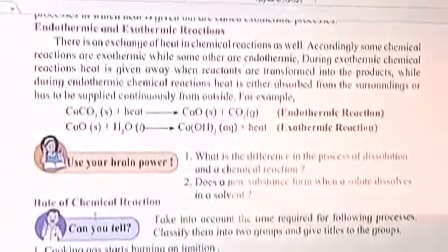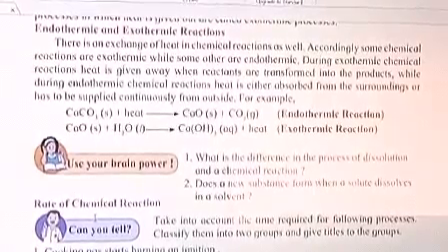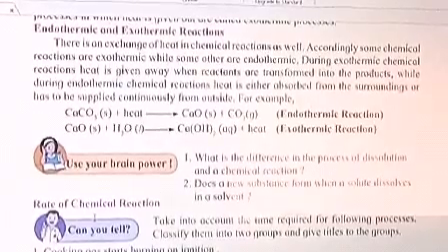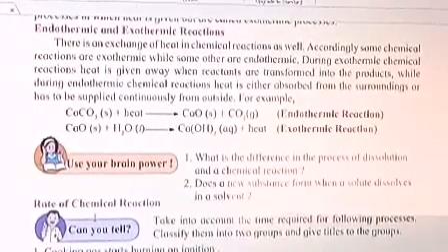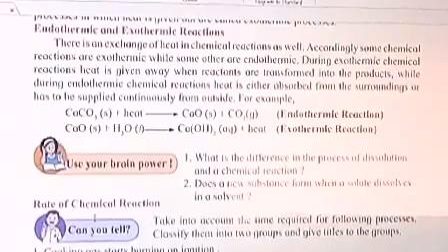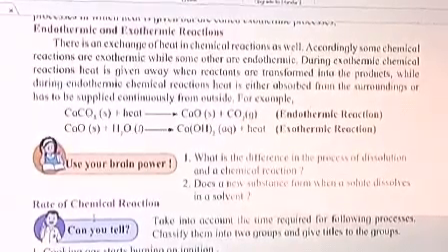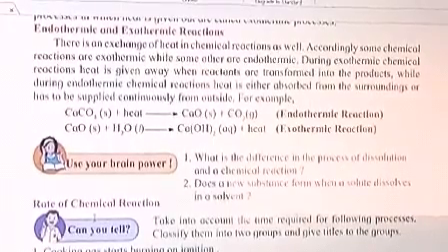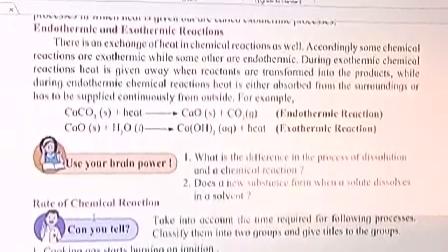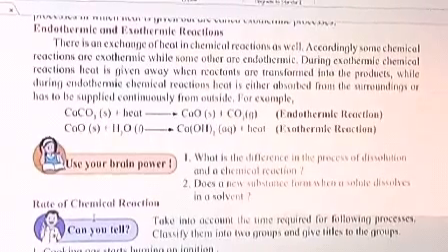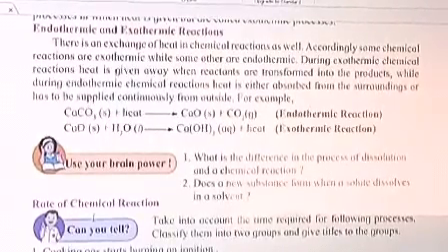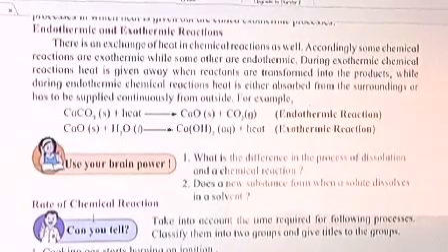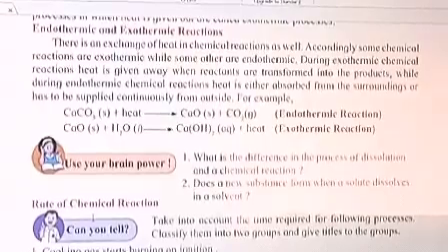So for decomposition of calcium carbonate, we have to supply heat, and therefore this is an endothermic reaction. When calcium oxide, which is quicklime, is added to water, a large amount of heat is given out, and therefore this is an exothermic reaction.